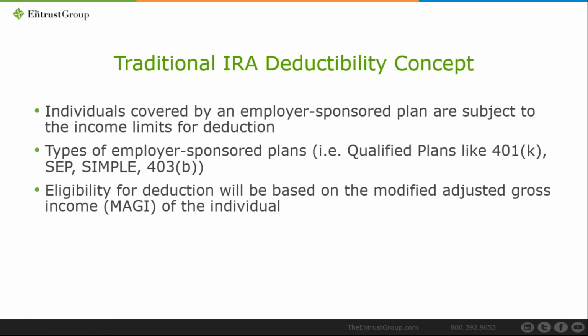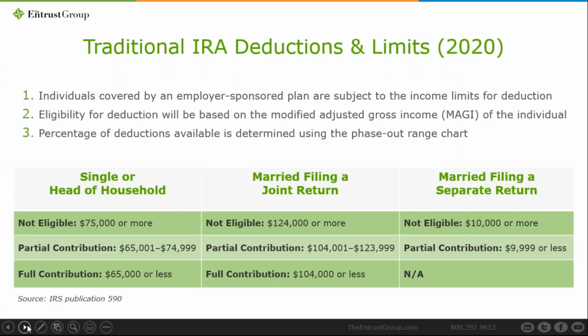Modified adjusted gross income just means the adjusted gross income of an individual adding back certain things like student loan interest deductions or foreign earned income housing exclusion, which not everybody has. So for the most part, the adjusted gross income of the individual is what's used to determine whether or not an individual's traditional IRA contribution is deductible or not.